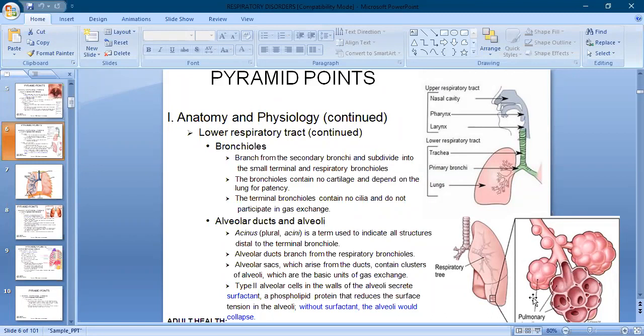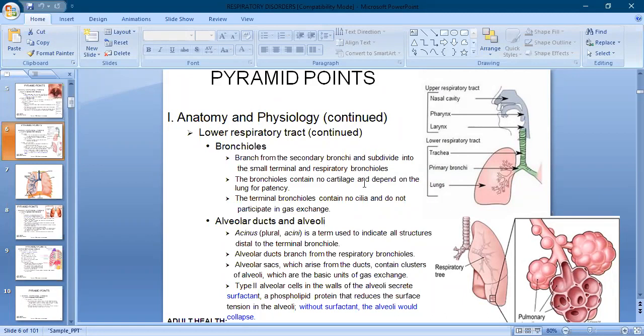And this is the medicine salbutamol we use to facilitate the lung alveoli relaxation and contraction.